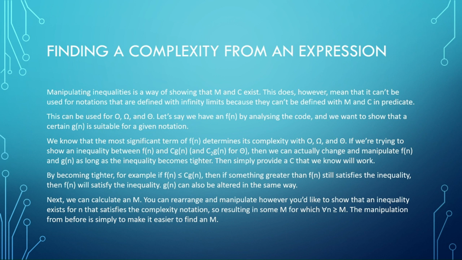So let's say we have a polynomial of degree 4 or something, it might take a while to find an m. What we can do is change the terms in the polynomial as long as the inequality becomes tighter, and then that might just make it easier for us to find an m.